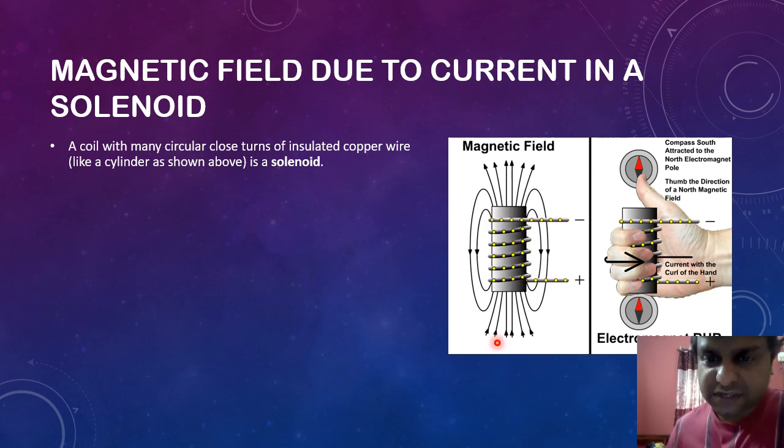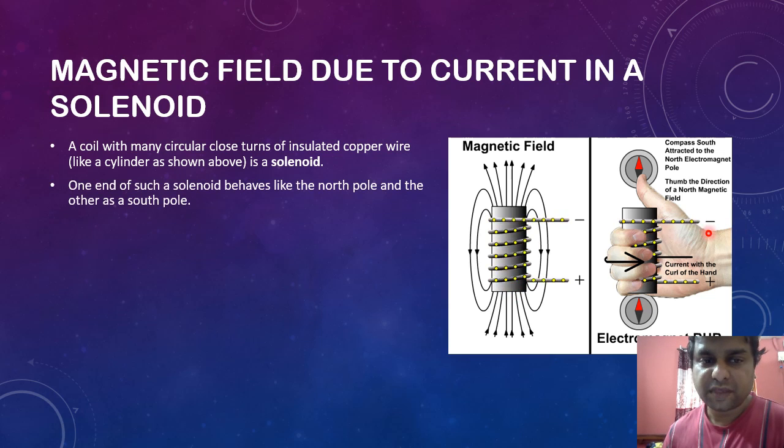So it's in a cylindrical fashion, you can see many coils are there, and these coils consist of insulated copper wires. One end of a solenoid behaves like a north pole, like over here, and this one will be the south pole, because from the north pole the magnetic field lines emerge, and at the south pole the magnetic field lines converge.